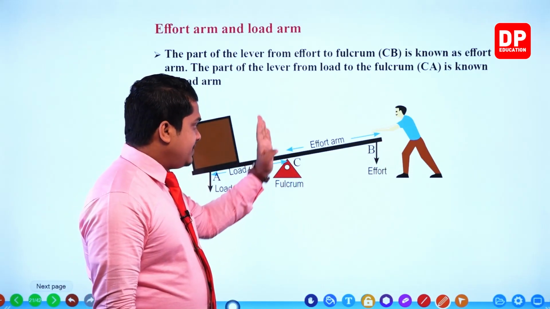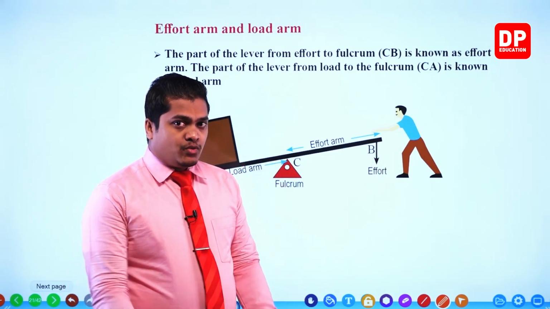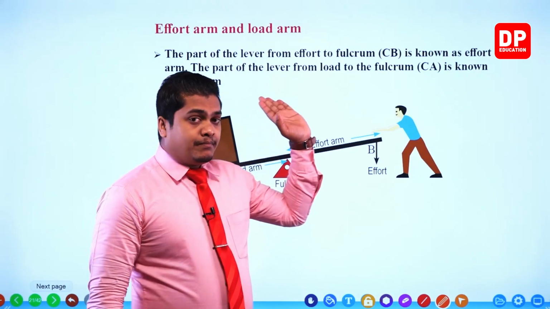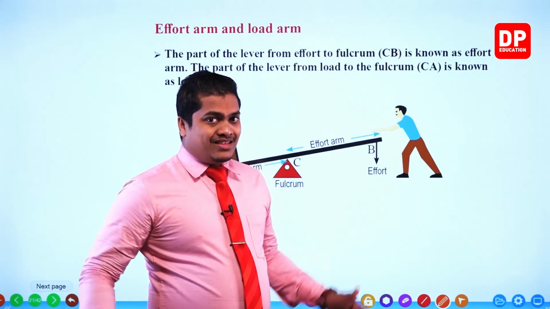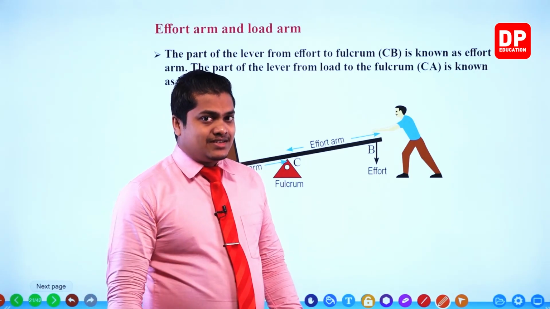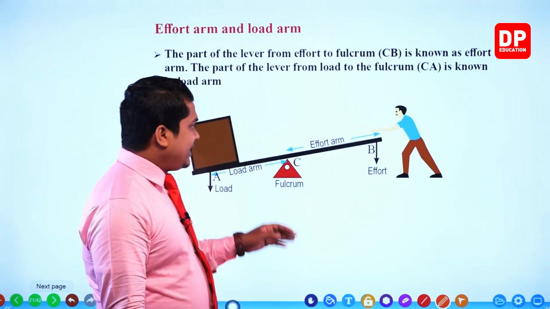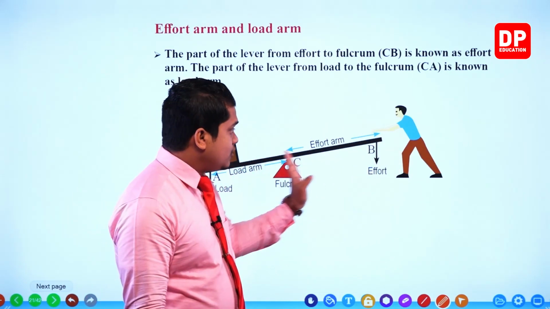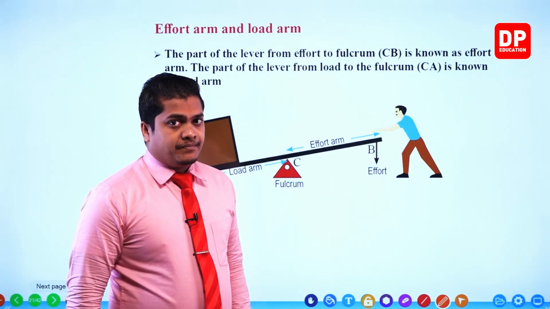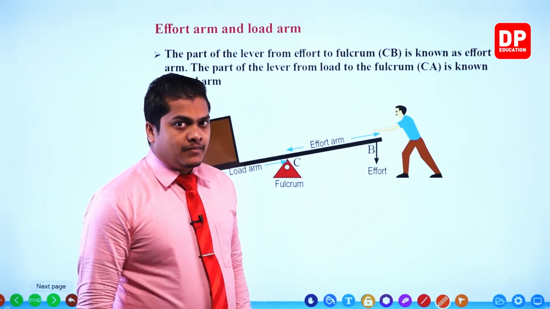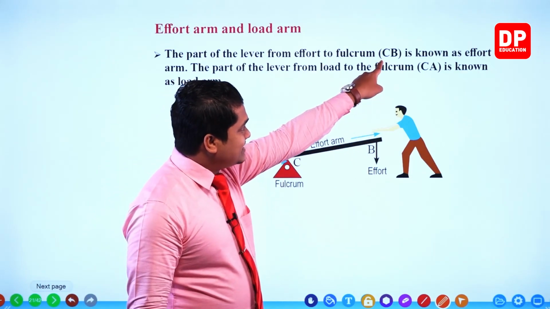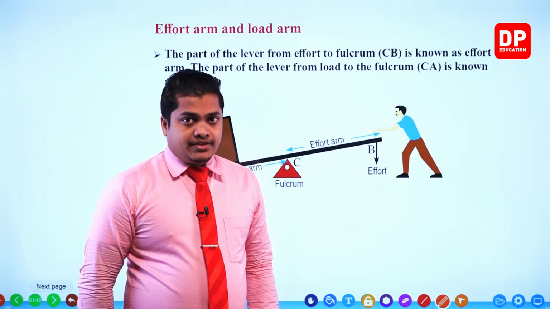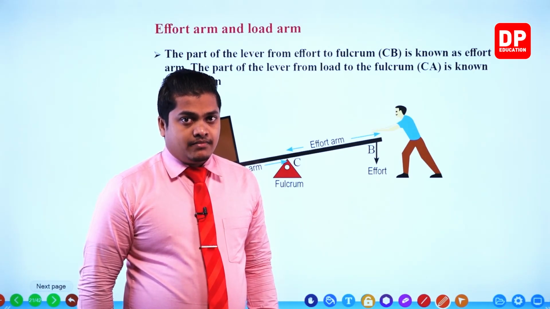That means the point where the lever is going to balance, and from that point to the point where the force has been applied, there is a certain gap. This gap between the fulcrum or the rotation point and the effort is referred to as the effort arm. So CB is known as the effort arm, my dear children.